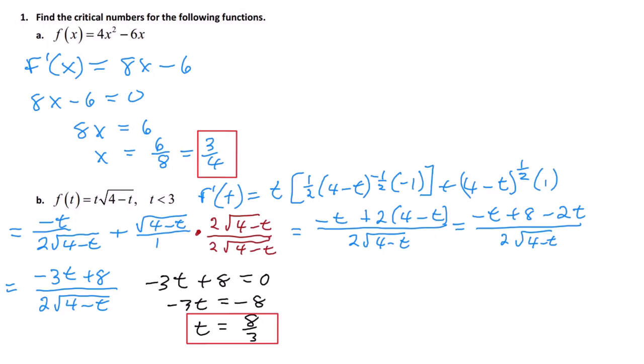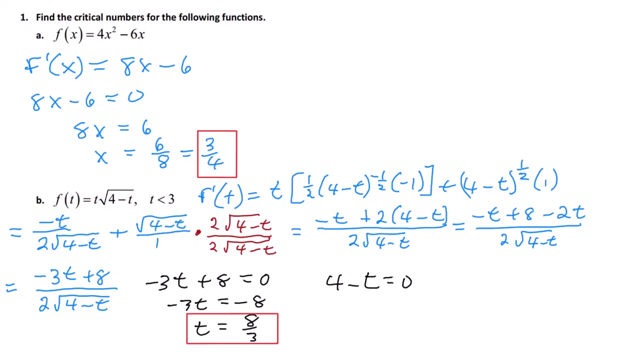All right, so let's find where the second one is. I've set the denominator to 0, but I don't have to do the whole denominator. All I got to do is find what in that denominator would make the derivative not exist. And that's where the denominator would be 0. So all I have to do is say 4 minus t equals 0, because if that's 0, so is the whole denominator.